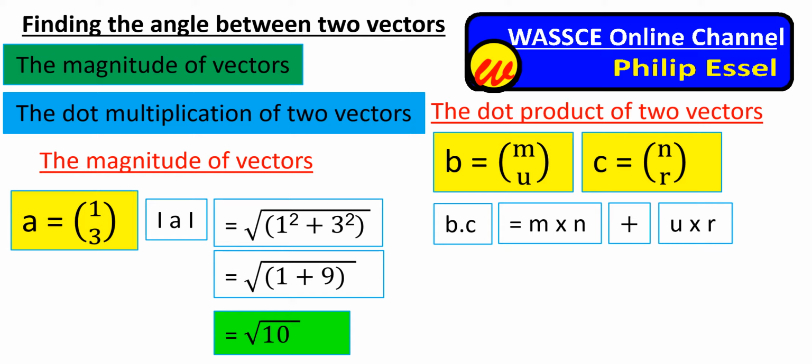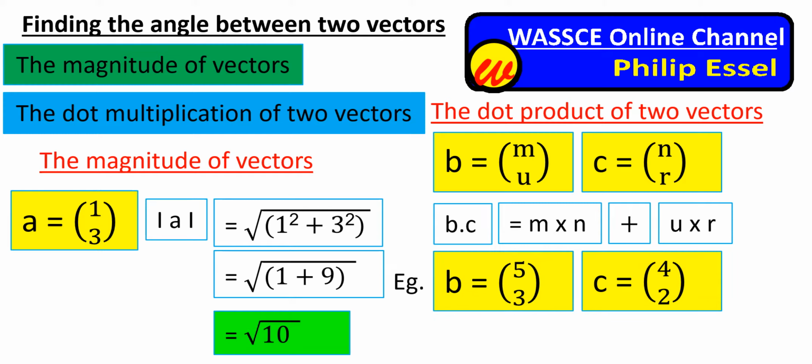So you multiply those two components together and you write it down. Then you add this to the product of the y components. And here the y components are u and r. So we multiply them also together. So we add it as is being shown on the screen. So it's as simple as that.